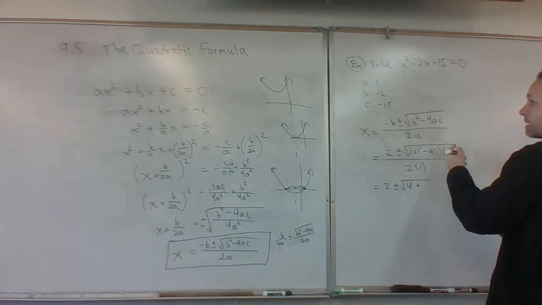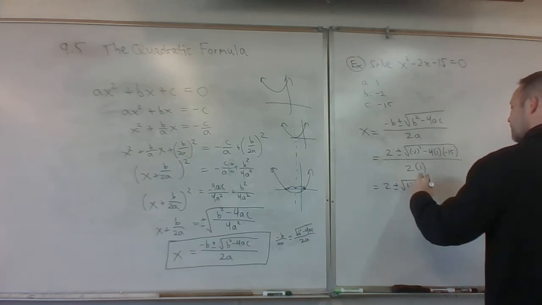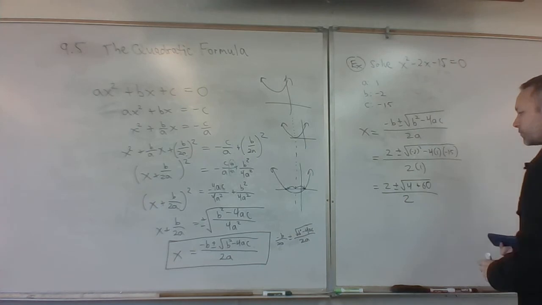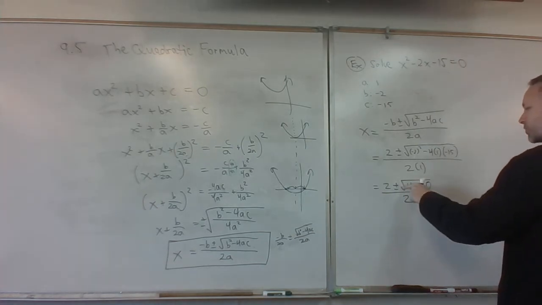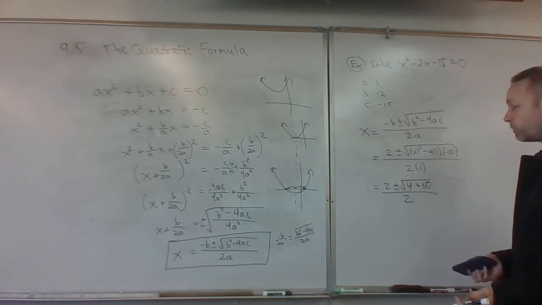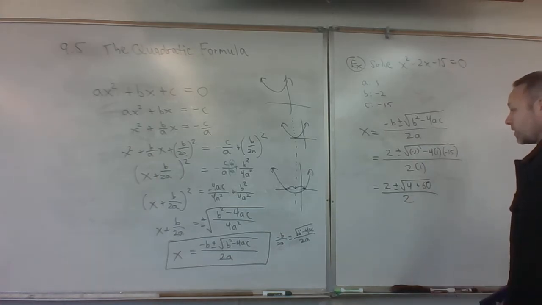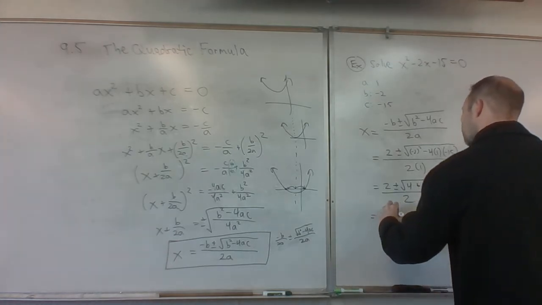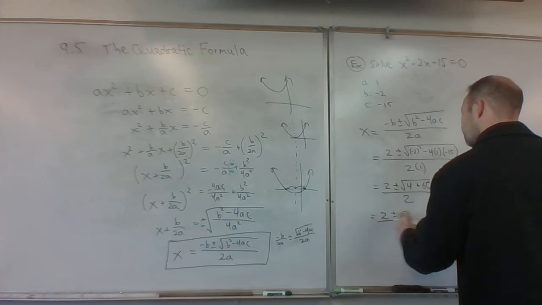Well, 15 times 2 is 30. Double that, we have 60. All of that over 2. 2 times 1 is 2. So this becomes the square root of 64. Ooh, that's nice. 64 is a perfect square, so the square root of 64 is 8. So what I have here is 2 plus or minus 8 over 2.